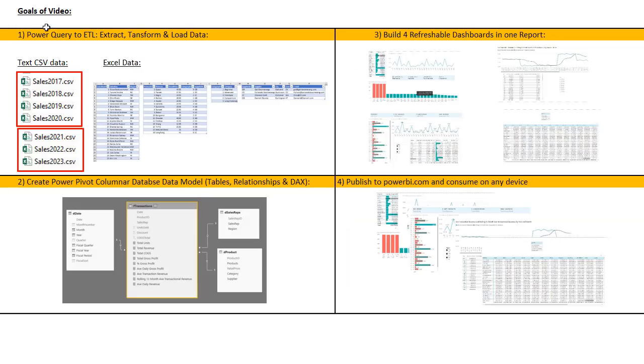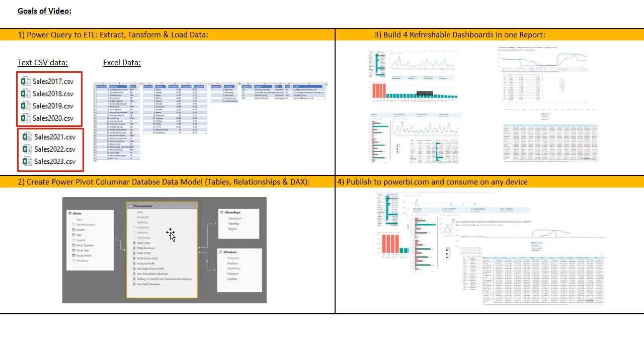Now, the goals of this video are similar to last video, except we have one extra step at the end. We're going to use Power Query to import our fact table data from CSV files, and all of our dimension tables will be from Excel. We'll import this all into our Power BI Desktop file.